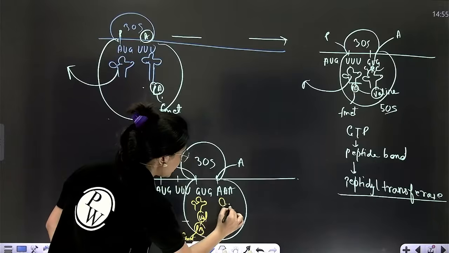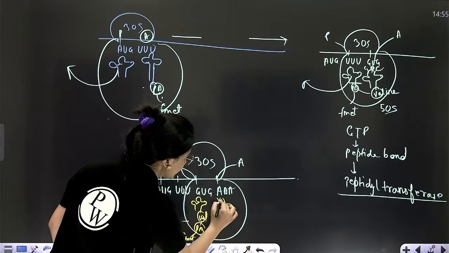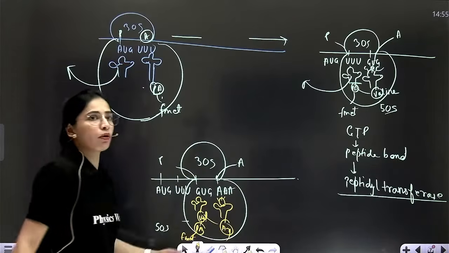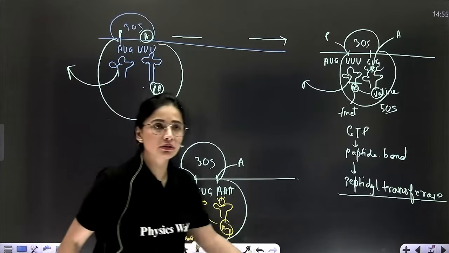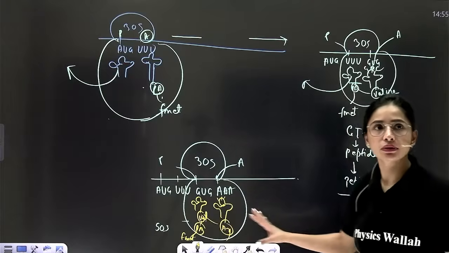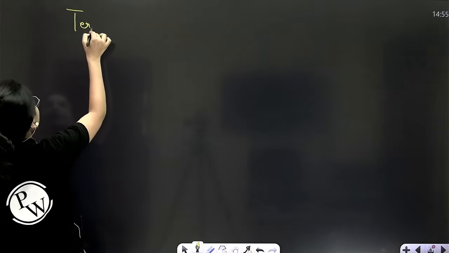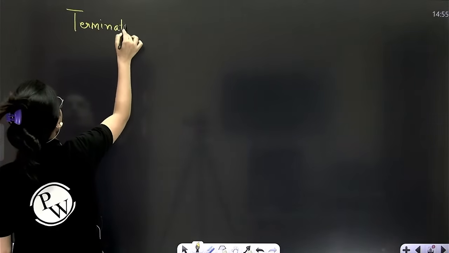Again, a new tRNA will come, whose anticodon will be GGG, bringing arginine. Again, a peptide bond will be produced, an energy requiring step, and this is going to continue till the termination codons are reached.